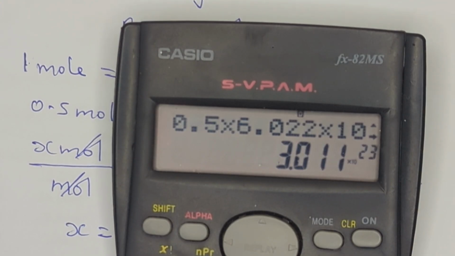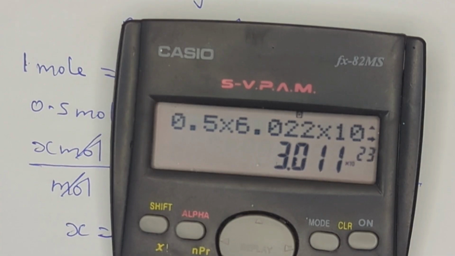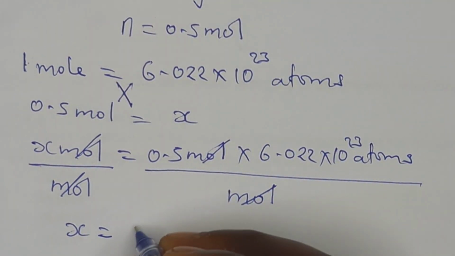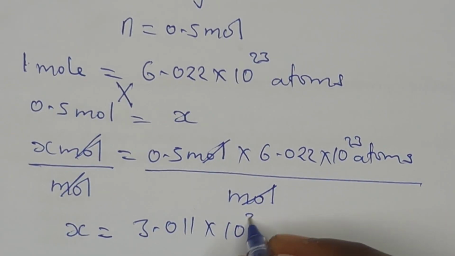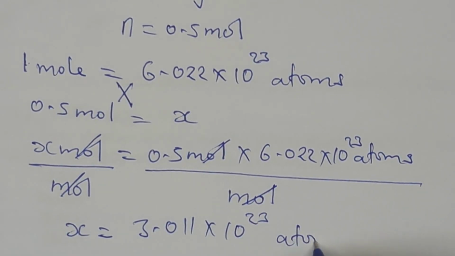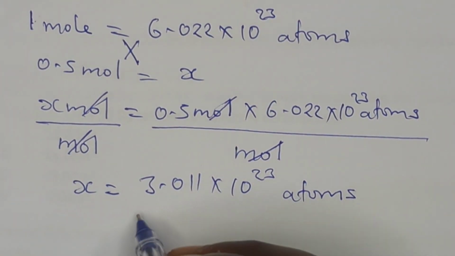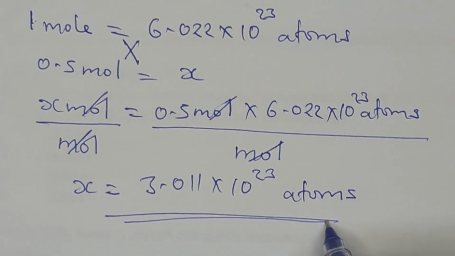So this is 3.011 times 10 to the power 23 atoms. This is the number of atoms that are contained in 6.0 grams of carbon atoms.